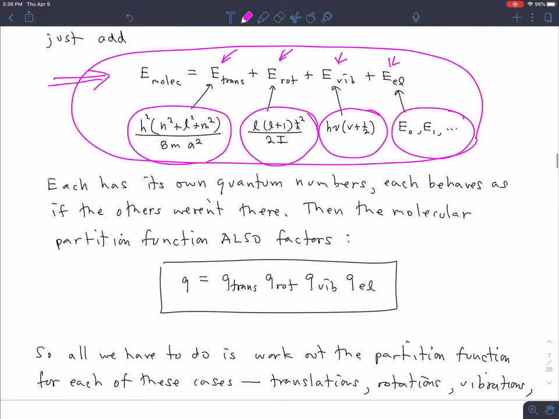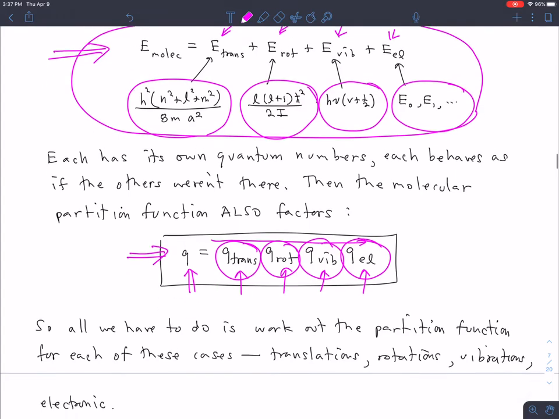And furthermore, by the overall rule, these are all independent subsystems, which means that the overall molecular partition function is just a product of partition functions, one for each of the little independent subsystems. So now all we've got to do is go down the list. We calculate a translational partition function, a rotational one, a vibrational one, an electronic one, and we're done.